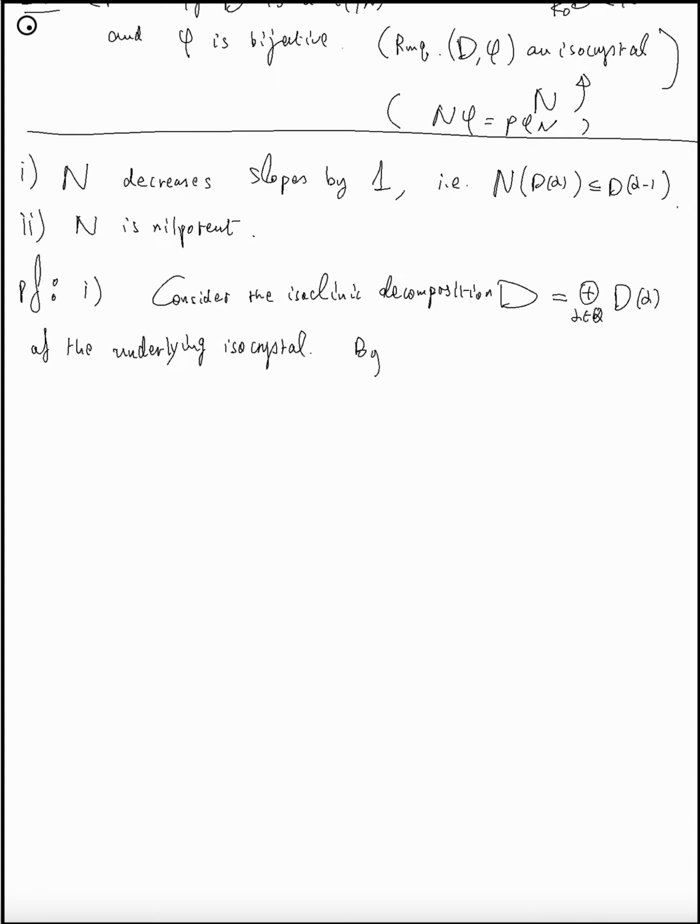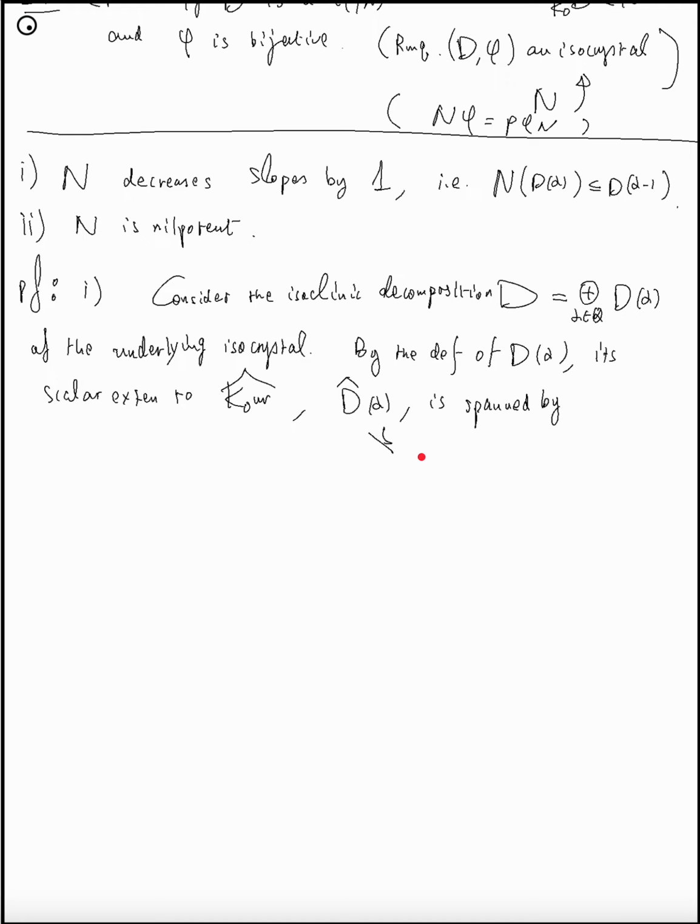By the definition of D alpha, its scalar extension to K0 ramified hat, which is denoted by D hat alpha, is isomorphic to delta alpha to some power e alpha.